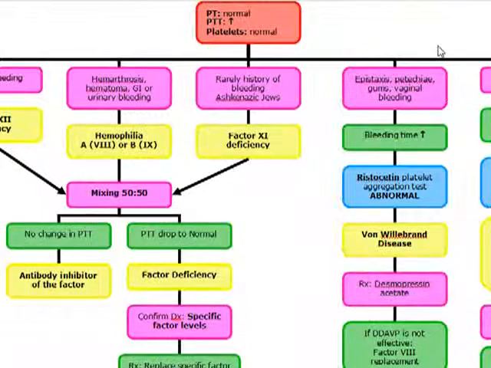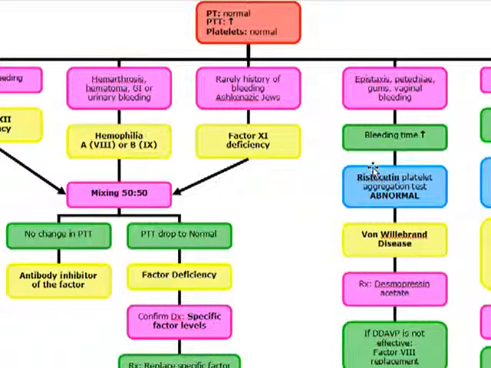And basically, you're going to have an increased predisposition to a platelet type of bleeding because of a decreased amount of von Willebrand's factor. It's an autosomal dominant disease that's the most common congenital disorder of hemostasis. It's going to result in a decreased ability of the platelets to adhere to the endothelial lining of blood vessels.